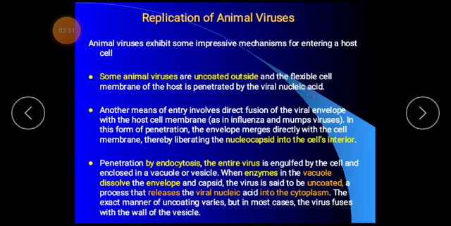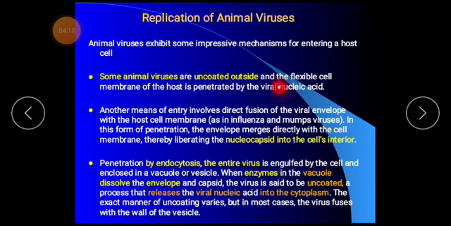Another means of entry involves direct fusion of the viral envelope with the host cell membrane, as in influenza and mumps virus. In this form of penetration, the envelope merges directly with the cell membrane, liberating the nucleocapsid into the cell interior, and they have what you call the process of penetration.